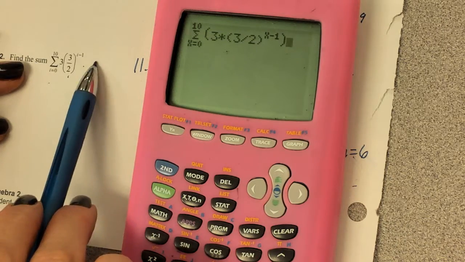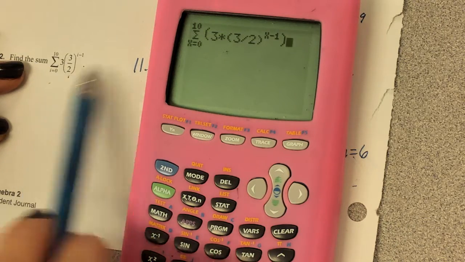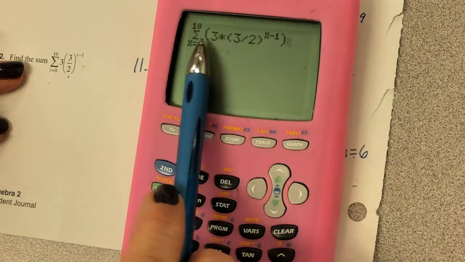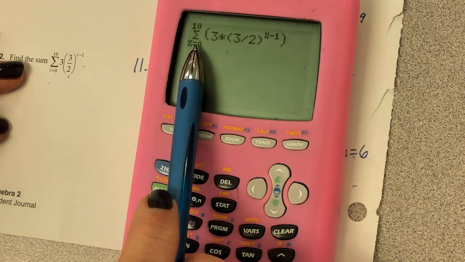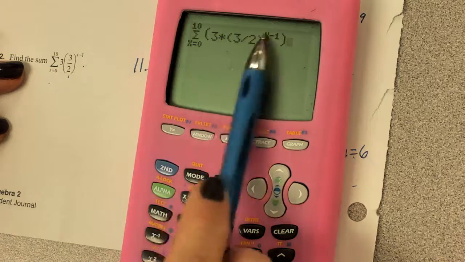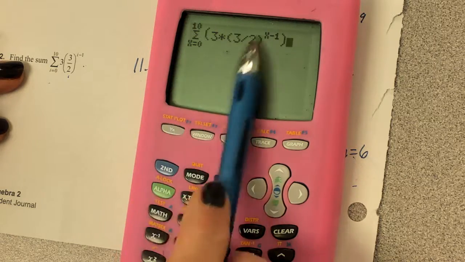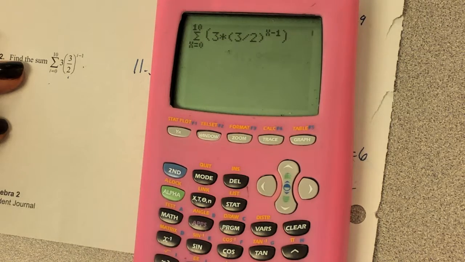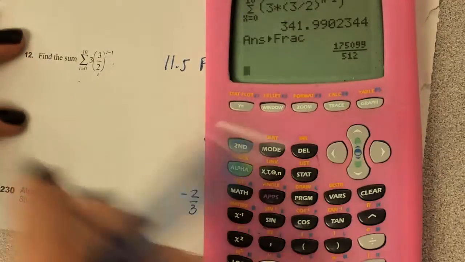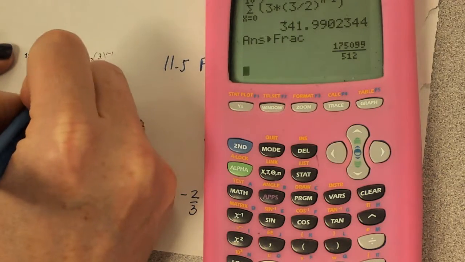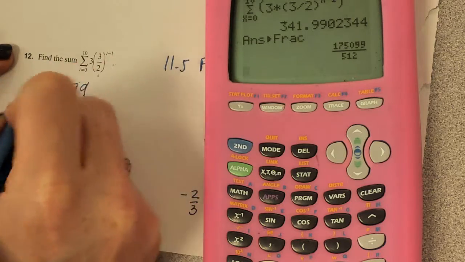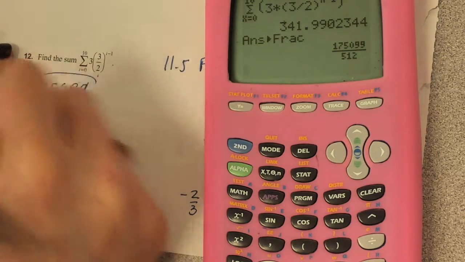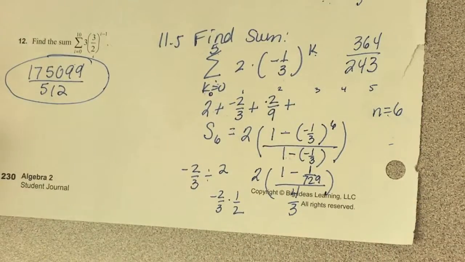Just double check, make sure it's right. We wanted to do the 3/2 to the x minus 1 first, then times 3, and it's going to be plugging in the numbers 0, 1, 2, 3, 4, 5, all the way up to 10. That would take us a long time to do by hand, but with this we can just get that answer, math bracket, and there we go. Okay, makes sense?